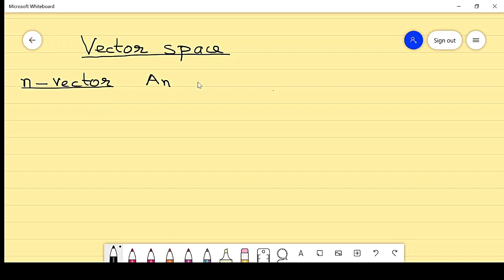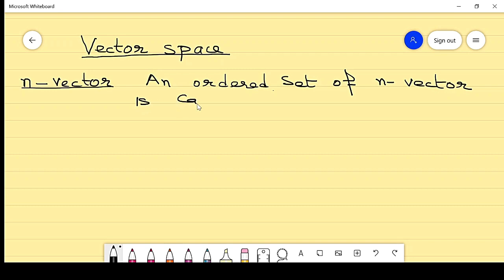An ordered set of n numbers is called an n vector.